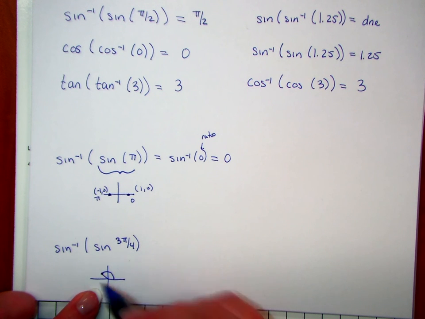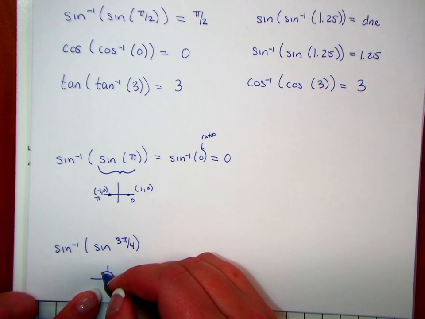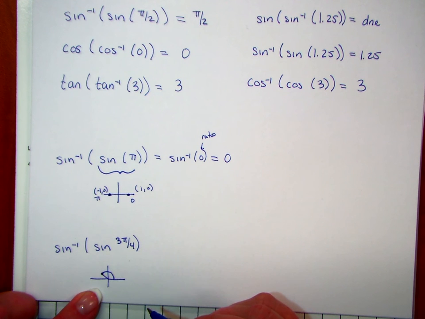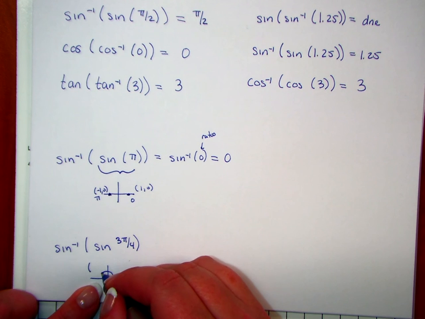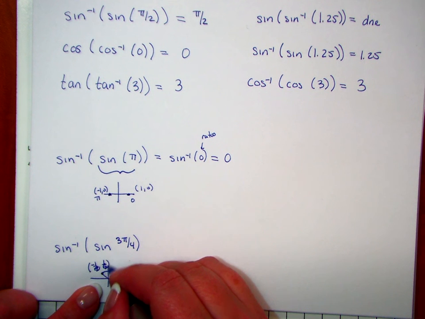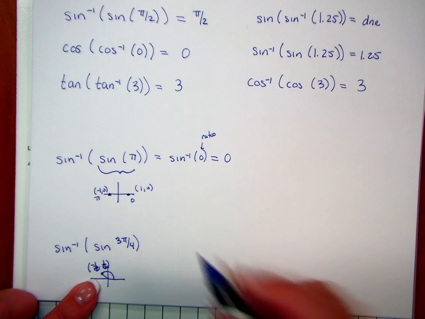That's outside of the restricted domain, because it is bigger than pi over 2. So I want to translate this angle and this point to a quadrant between 1 and 2. The point on the unit circle here was negative 1 over rad 2, positive 1 over rad 2. So sine of 3 pi over 4 is positive 1 over rad 2.